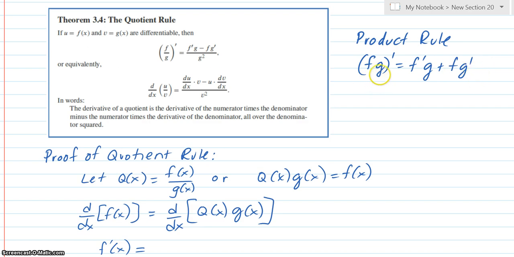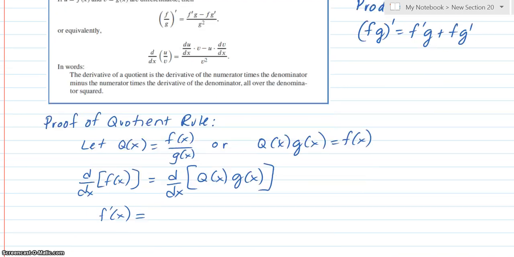The derivative of the product of two functions is the derivative of the first times the second plus the first times the derivative of the second. So I'm going to do that with these letters. I'm going to take the derivative of the first, that is q prime, times the second, plus the other way around, q of x times g prime of x.